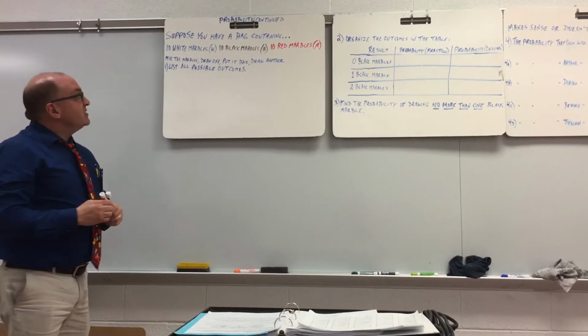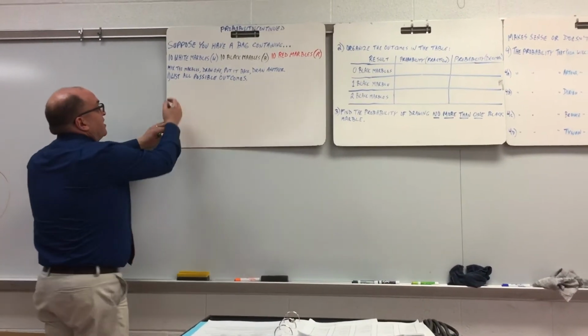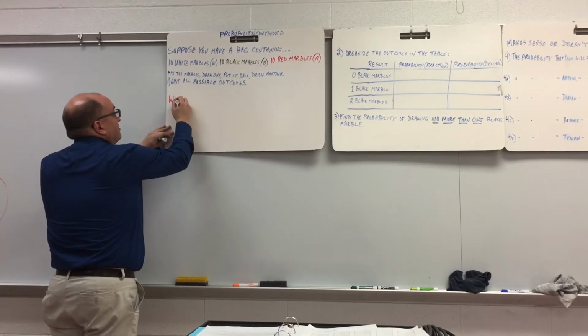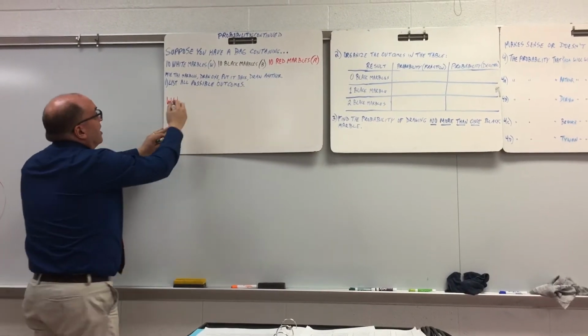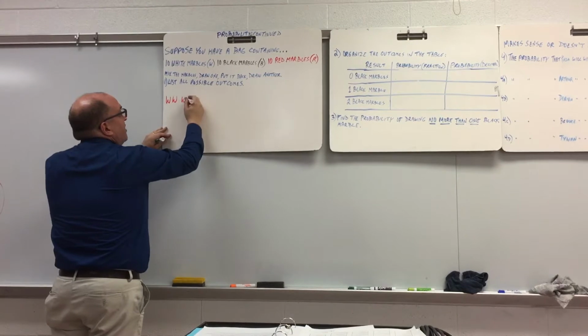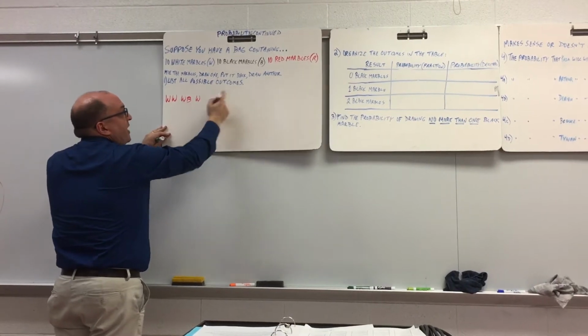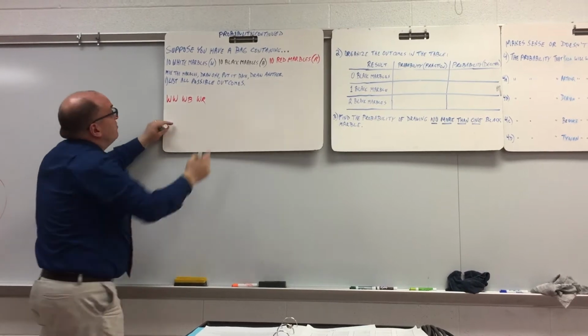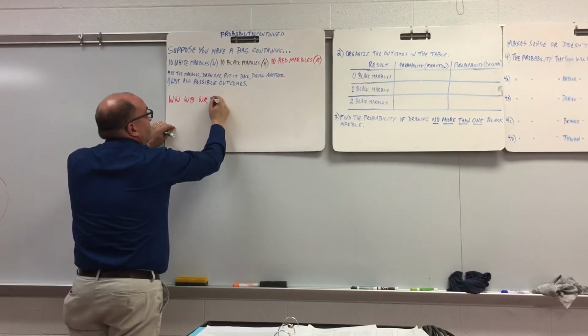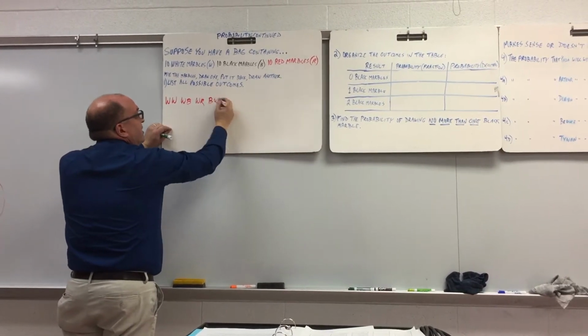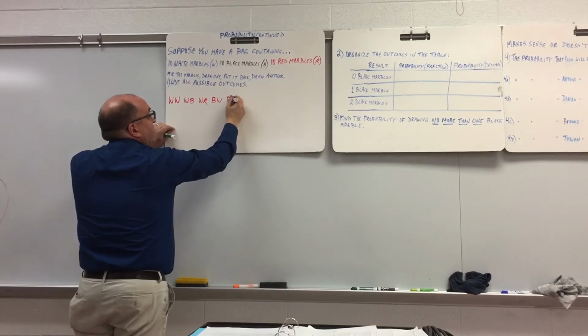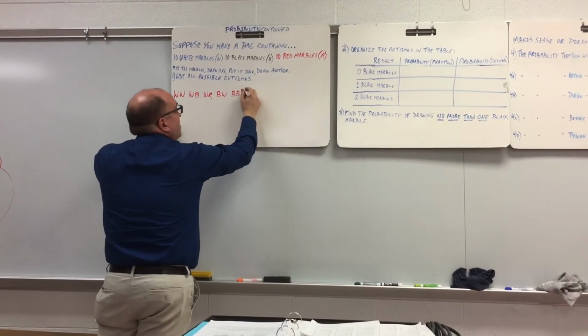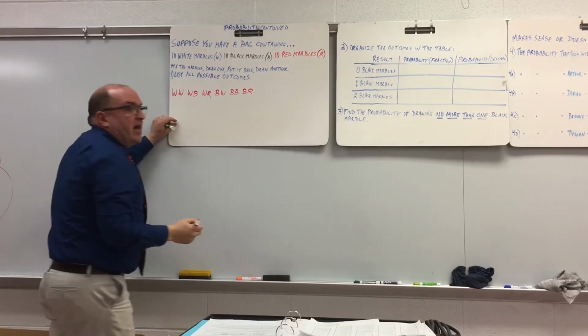Does it make sense that you could pick a white and then a white, a white and then a black, a white and then a red? You could pick a black and then a white, a black and then a black, a black and then a red.